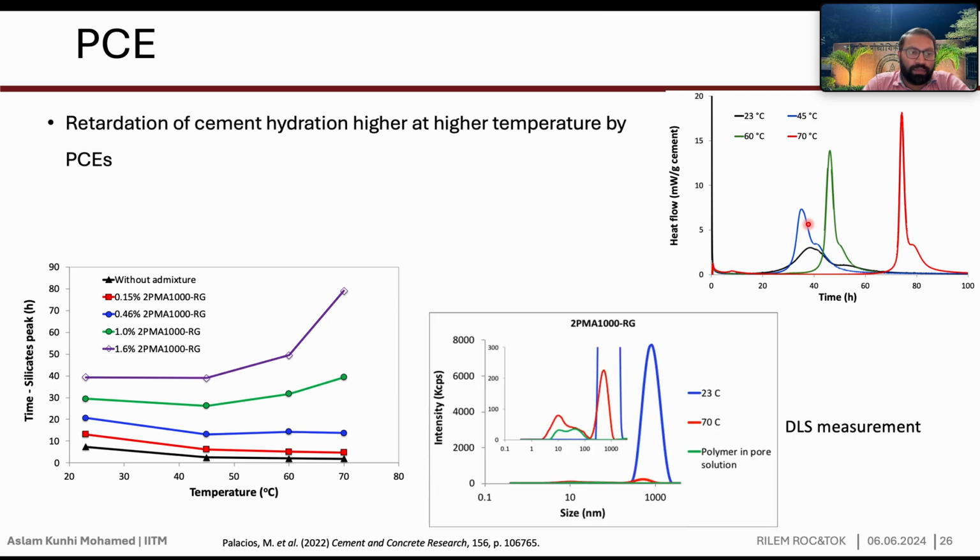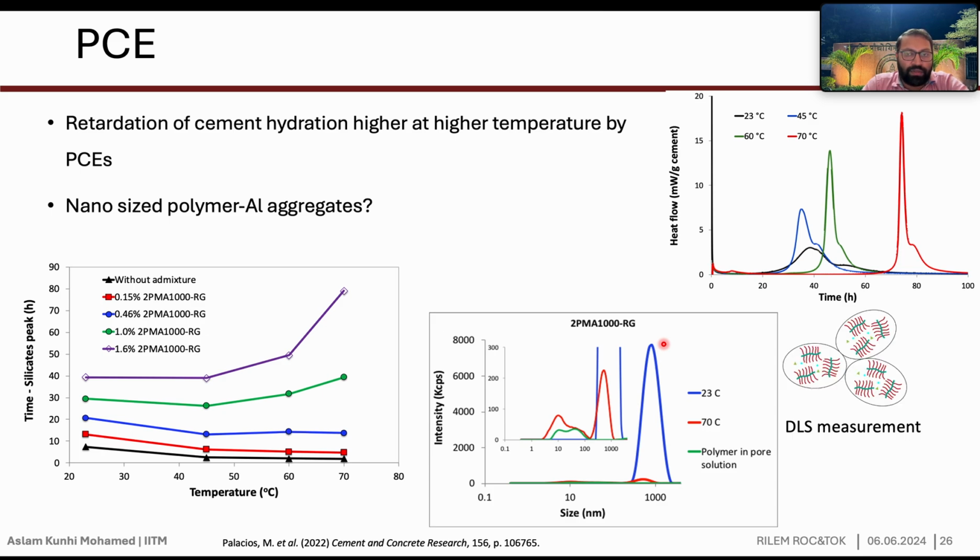They also found that at 23 degrees Celsius it forms nano-sized polymer aggregates, which were also seen in DLS measurements, and this led them to hypothesize that there may be nano-sized polymer-aluminum aggregates, along with other experiments.